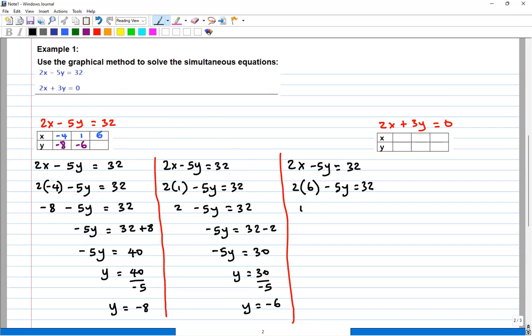So 2 times 6, that is 12, minus 5y, that is equal to 32. So minus 5y is equal to 32 minus 12. So minus 5y is equal to 20. So y is equal to 20 divided by minus 5. And then y is minus 4. So when x is 6, y is minus 4.